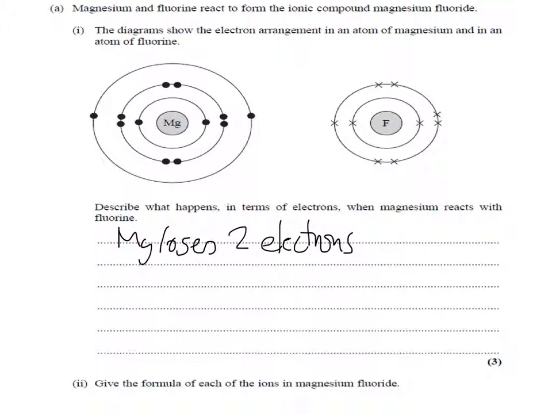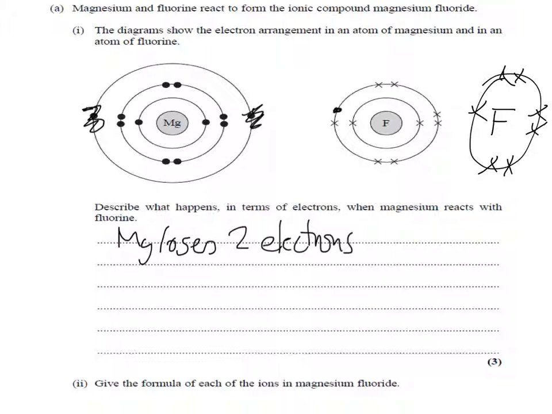Okay, so it loses that one, it loses that one, and these electrons are picked up by the fluorine. So the fluorine will pick up 1 electron, and so fluorine now has a complete outer shell of electrons. We still have 1 electron to house, and that will go into a second fluorine atom.